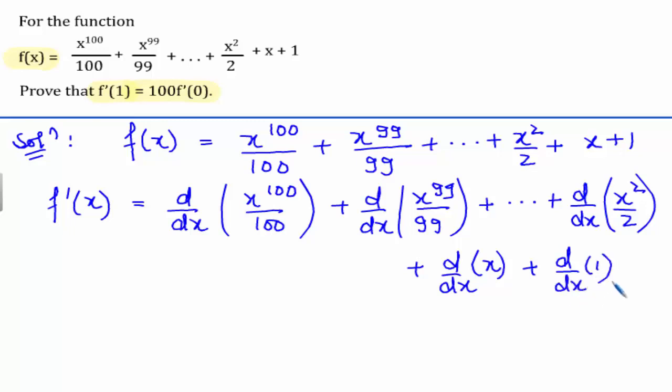Now we know that derivative of a function x raised to the power n with respect to x is given by n into x raised to the power n minus 1.